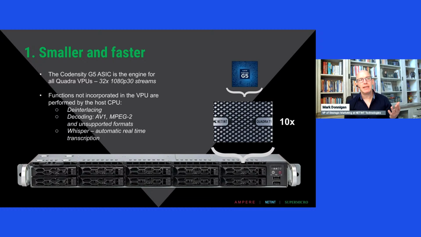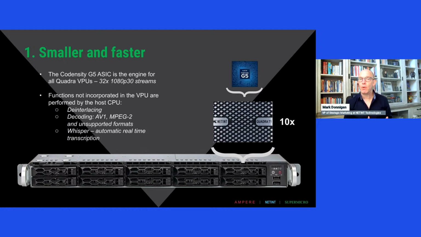And then the very unique thing is that with a powerful host CPU, because the heavy-duty encoding and transcoding is happening on the VPU, you can run functions like deinterlacing, functions like software decoding. So maybe you need to do MPEG-2 decoding.